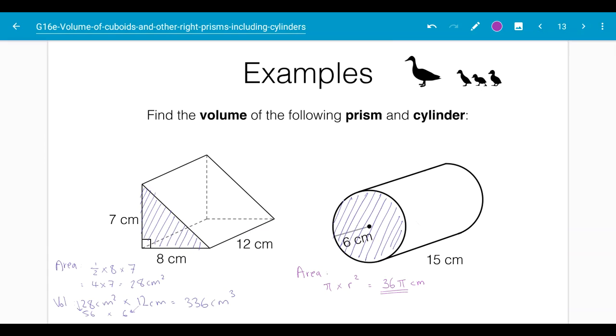So we say 36 pi, and then the volume is going to be 36 pi times by 15. And in this case, 36 times 15 is going to be 360, 180, add them together, 540. So 540 pi centimeters cubed.